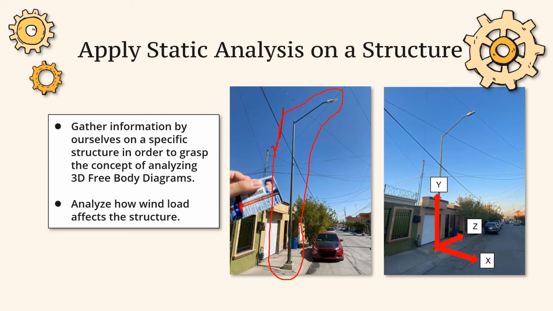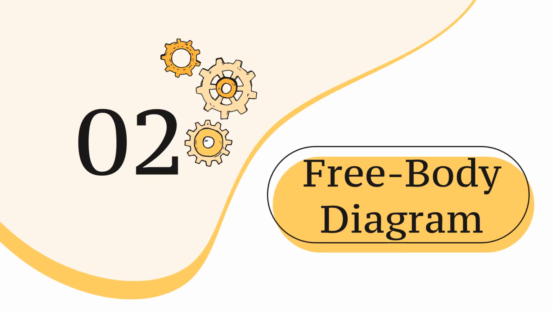And as you can see here circled in red, I chose a lamppost which is outside my house, to research this project. So now that you have a background on why this project is being conducted, let's really start with the important part.